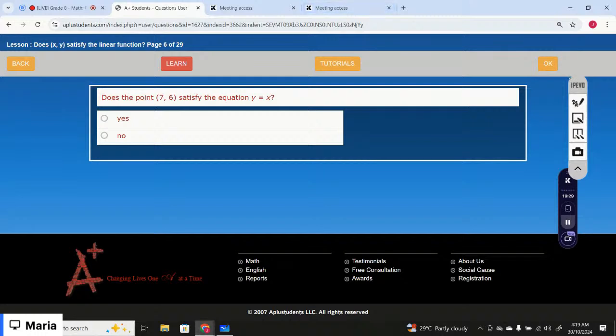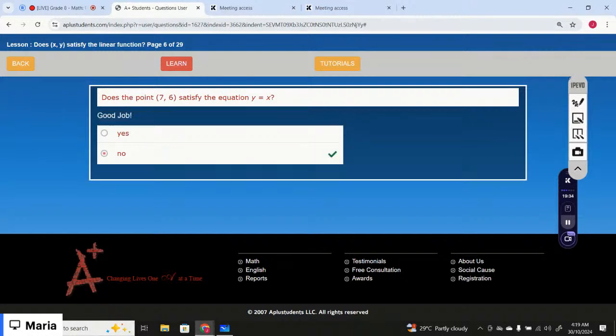The correct option is no. The point (7, 6) does not satisfy the equation y equals x. Very good. The correct option is no.